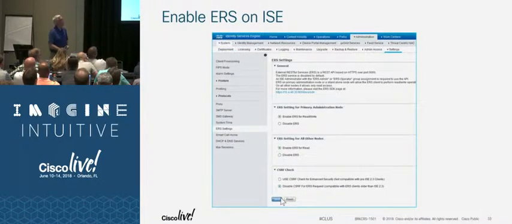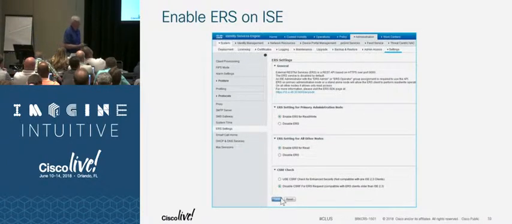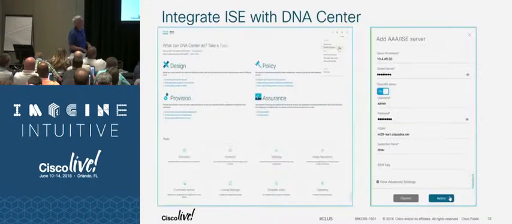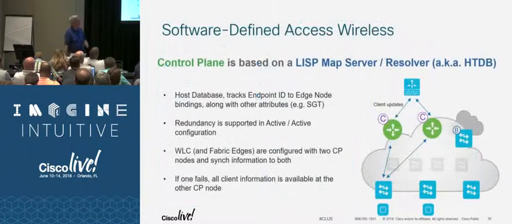Same thing with the external RESTful services on the Identity Services Engine. You turn that on, and that's the way we can make API calls into ISE to do some of these things. Then you jump back over to the DNA Center, and you define your ISE server that you just did that on. So that's all there is to tying those together into one cohesive system.